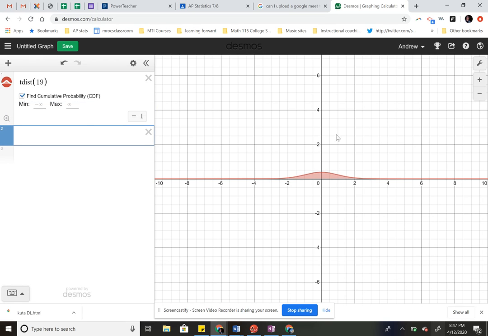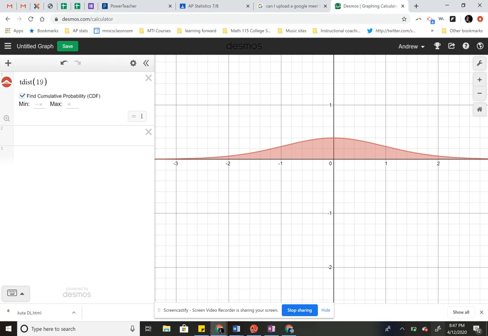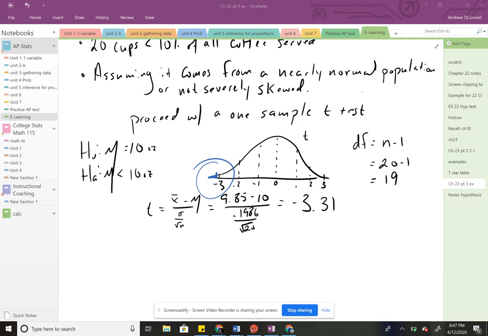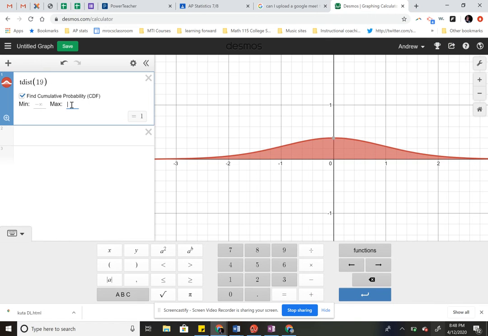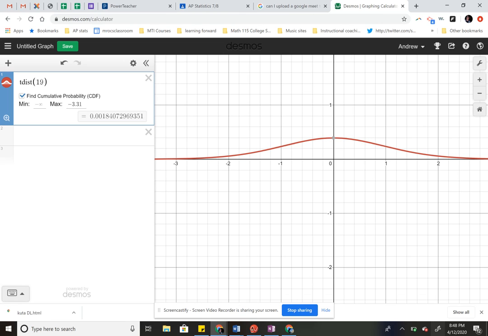All right, so you want the tcdf function here. And going back to where we were, we want this little corner right here. So it really goes to negative infinity. We'll keep the negative infinity as the minimum up to negative 3.37. And it's given us 0.0018.